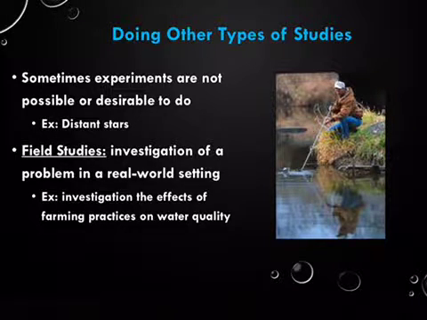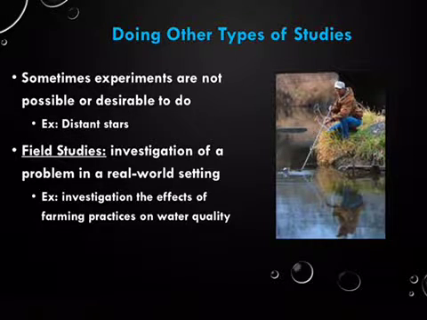So sometimes experiments are not possible or desirable to do. You can't bring a distant star into a science lab and do a bunch of experiments on it. So that means scientists have to do field studies, and this is where they investigate a problem in a real world setting, like investigating the effects of farming practices on water quality.